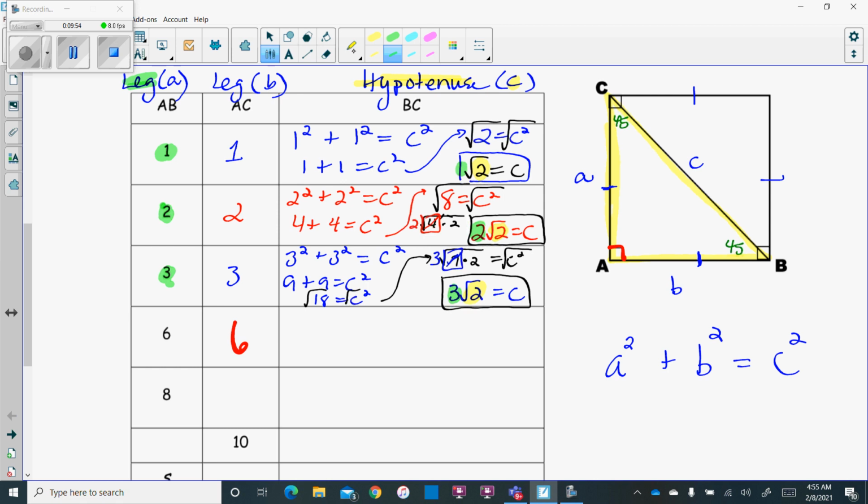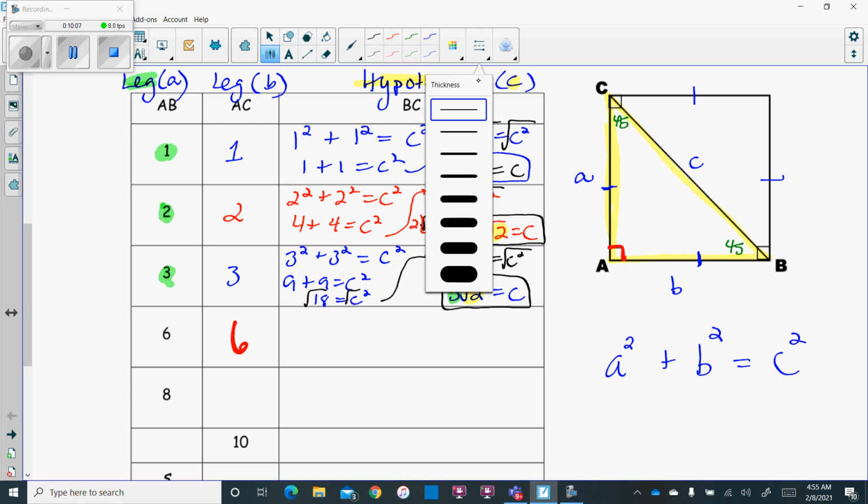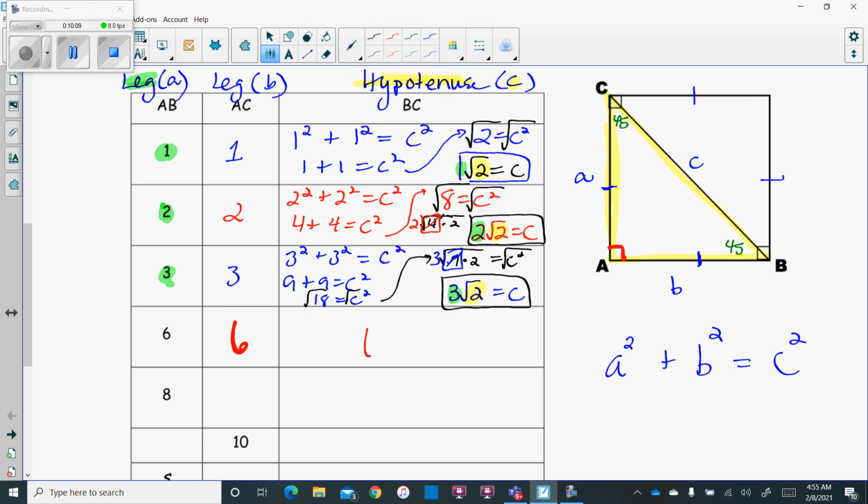So hopefully we see that if the leg is 6, then instead of having to work it all out again, we would see that the hypotenuse here would have to be 6 root 2. I mean, I can do it.